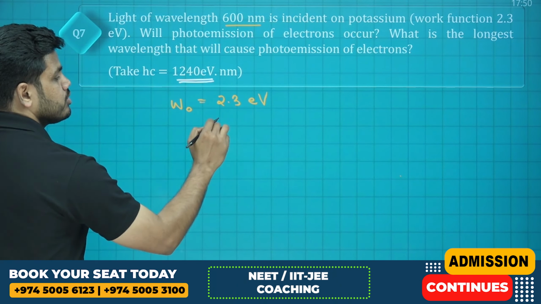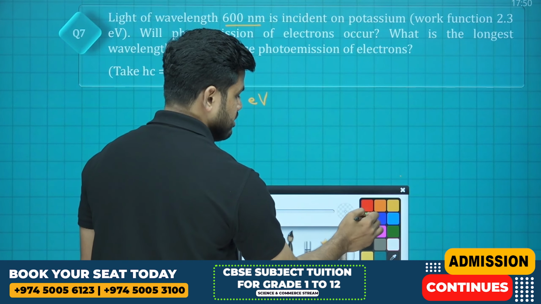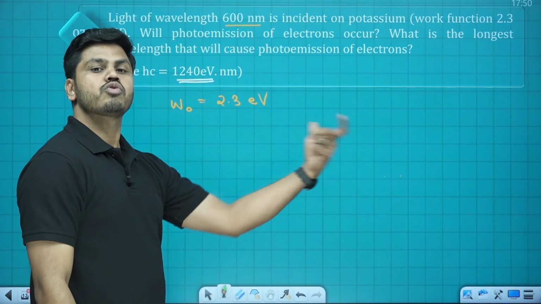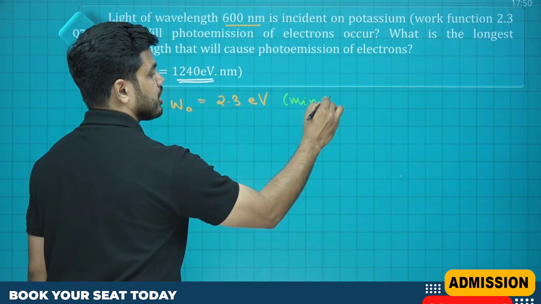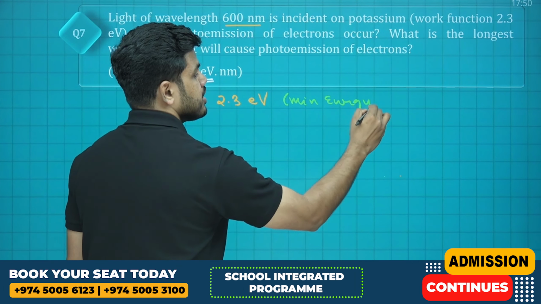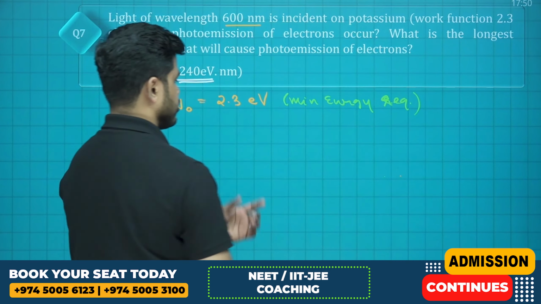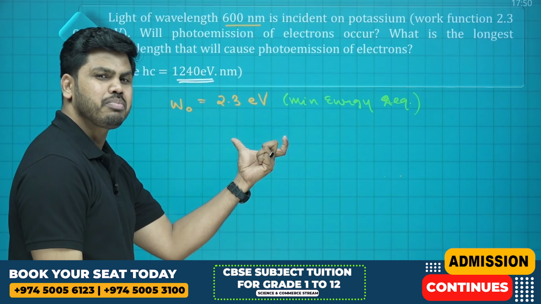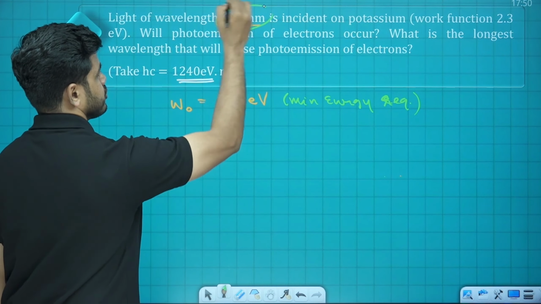See, the work function is the minimum energy required to release an electron from the metal surface. The incident radiation should at least have this much energy. That is how we explained work function. Now let us check what will be the energy of this radiation.